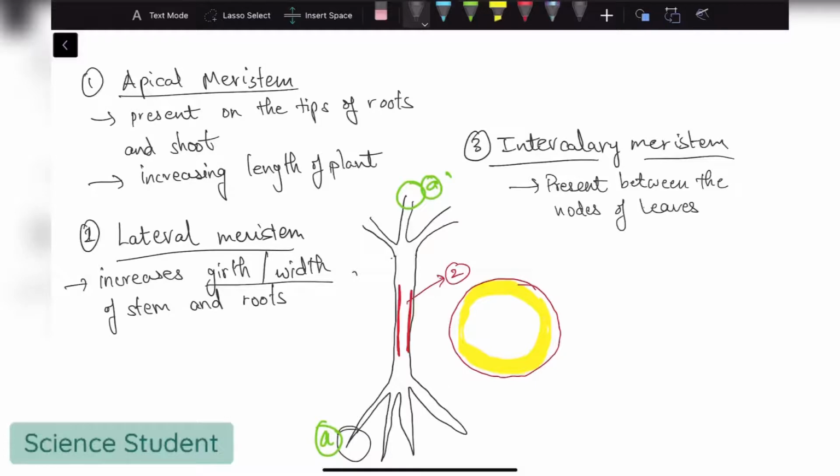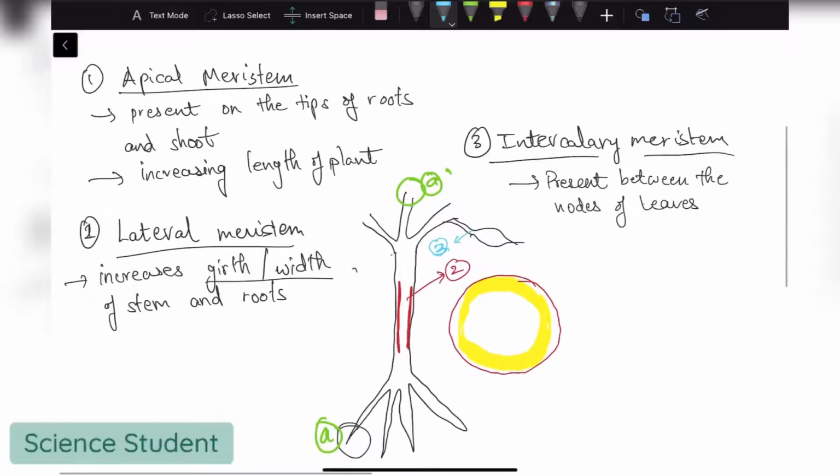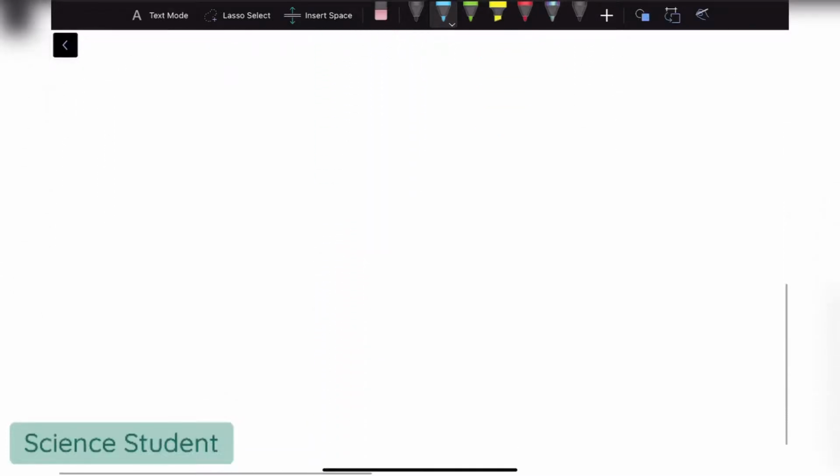So if this is the leaf, so leaf node is present here. Okay, so here the third type of meristem is found. This is done. Now let's move on to permanent tissue.